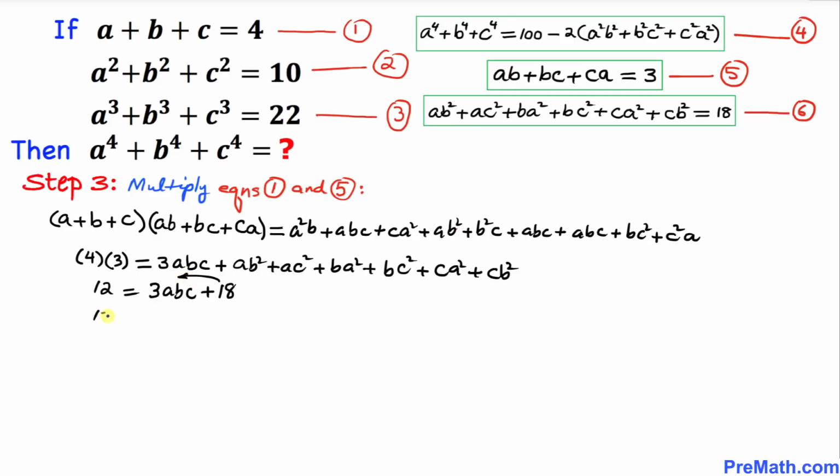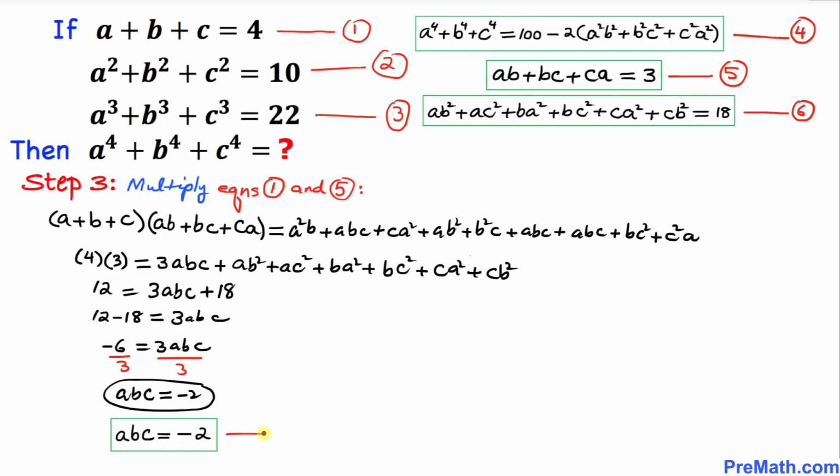So we got 12 minus 18 equal to 3ABC. So we got negative 6 equal to 3ABC. Let's isolate ABC. So I'm going to divide both sides by 3. So that means ABC turns out to be negative 2. And I am going to call this equation number 7.